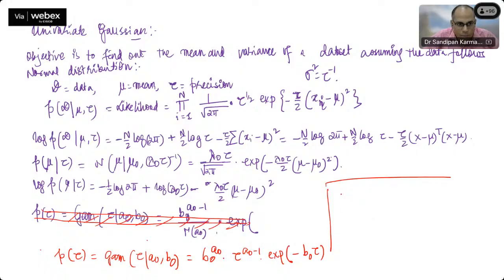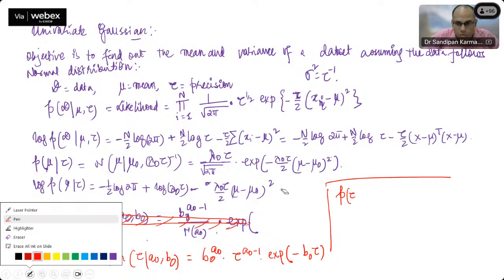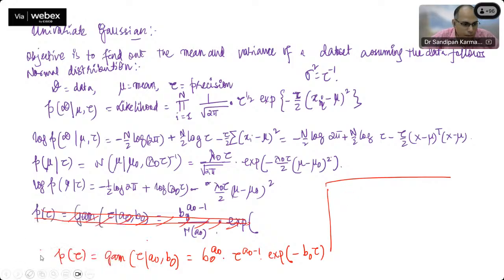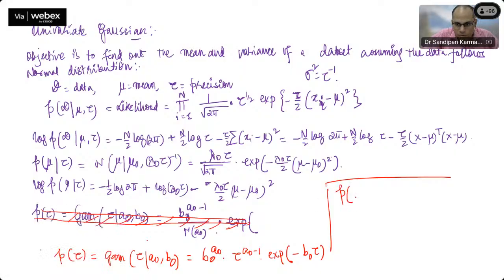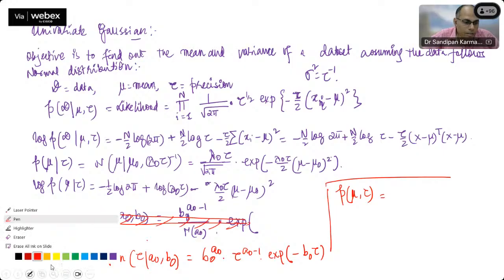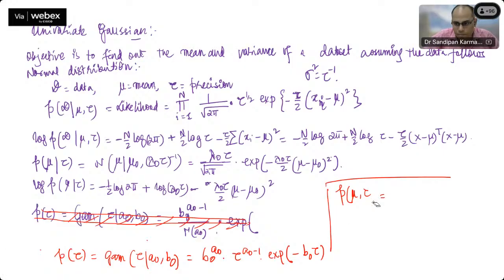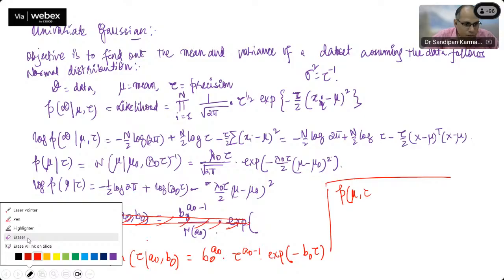My intention is to find out the posterior. So P of mu comma tau given D, that is the posterior I want to find out.